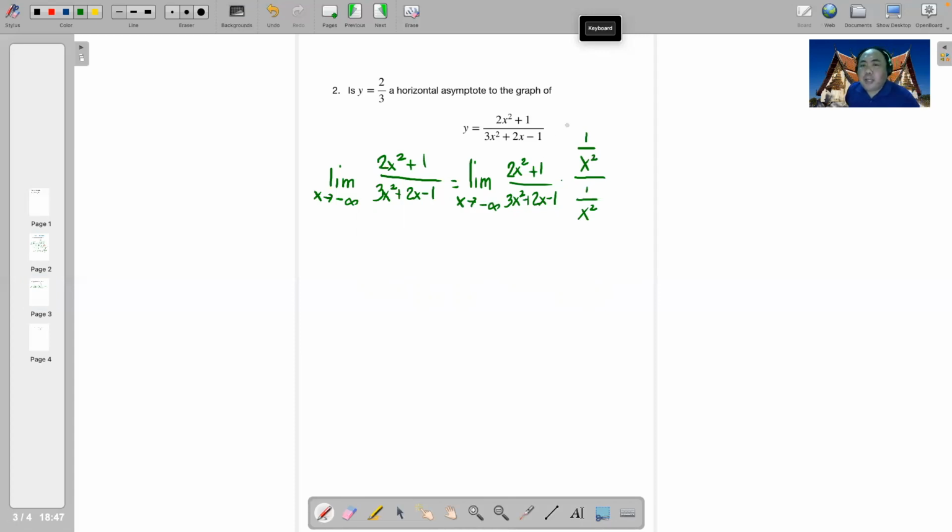And do note that we ask ourselves, is this equal to 1? Before we proceed, we ask, is this equal to 1?